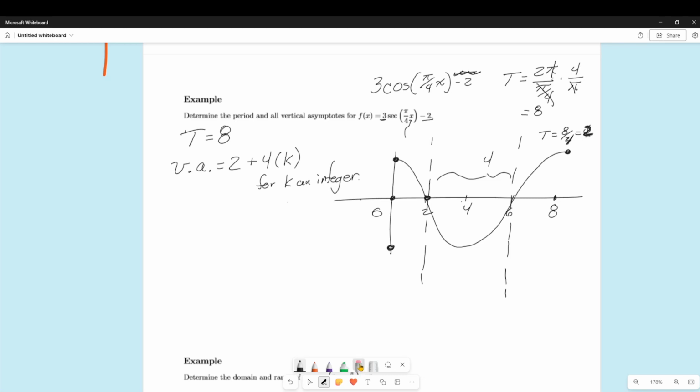And if I was going to try to be a tad bit more formal than that, your vertical asymptotes are the equations x equals those. So the vertical lines being x equals 2, x equals 6, x equals 10, and so forth. So we can get there just by knowing what our cosine graph looks like.